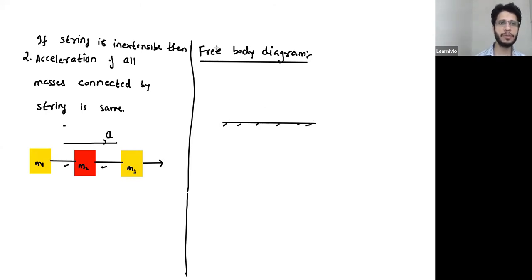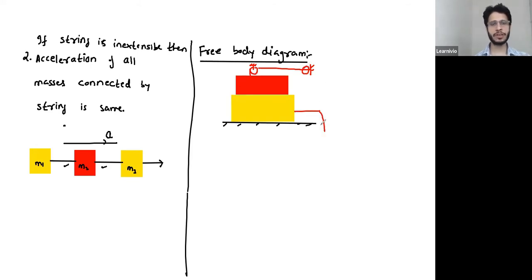You can have multiple blocks, one over the other. You can even have multiple pulleys. You can have another block which is connected through. So you can have multiple blocks, multiple pulleys.